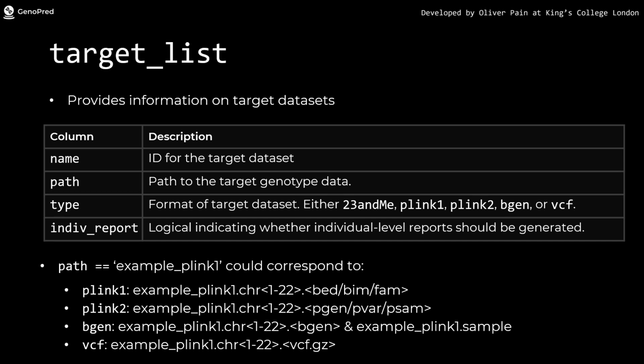Here are some examples of those formats. If the input genetic data is 23andMe format, then the path column is the path to the 23andMe genetic data that you downloaded, which can be zipped or unzipped.